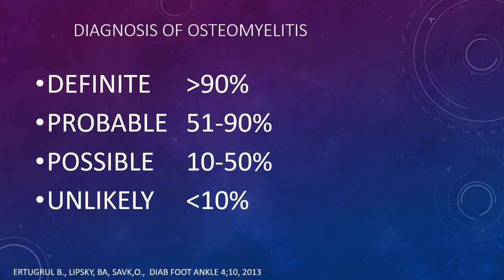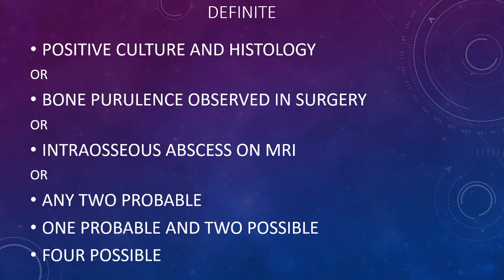So given an ulcer, given a Charcot joint deformity, we can characterize the findings as representing osteomyelitis as definite, probable, possible, or unlikely.